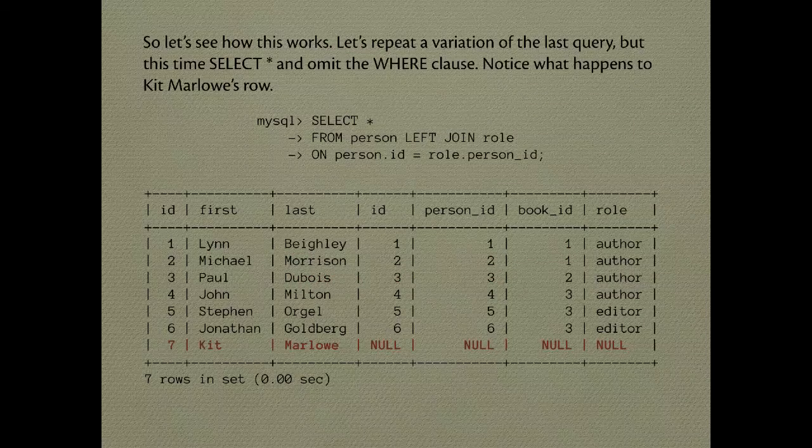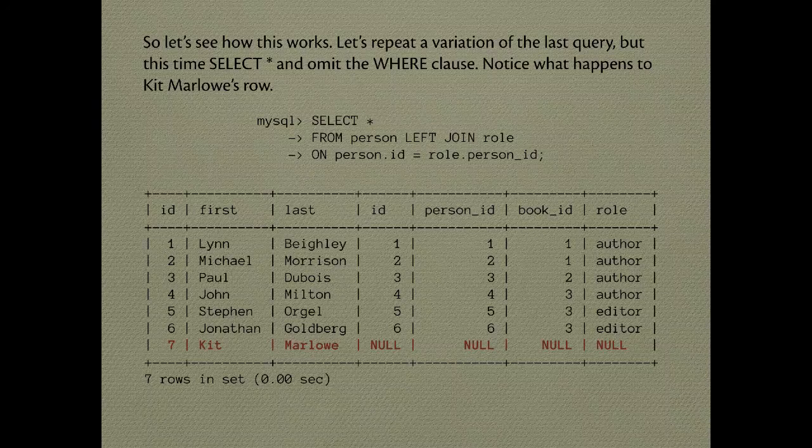And then we did this, and this one is what I think helps you to really understand what the left join does. We repeated the query, but we left off the where clause, and the where clause again includes or excludes rows, so we included all rows. What we saw was that this row for Kit Marlowe had a bunch of nulls in it because he doesn't have an entry in the role table.